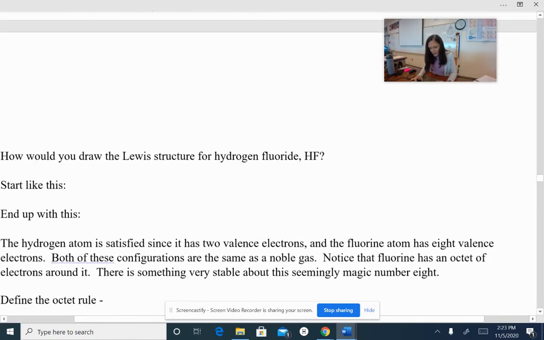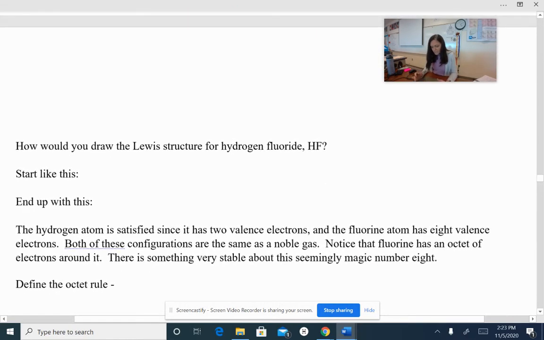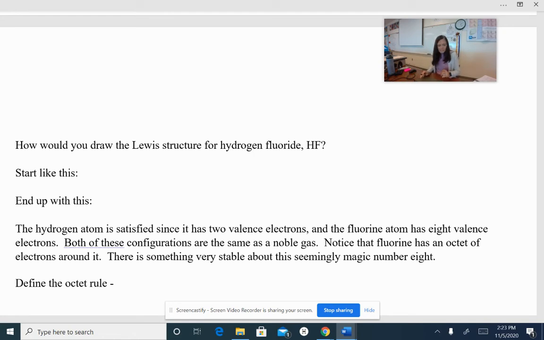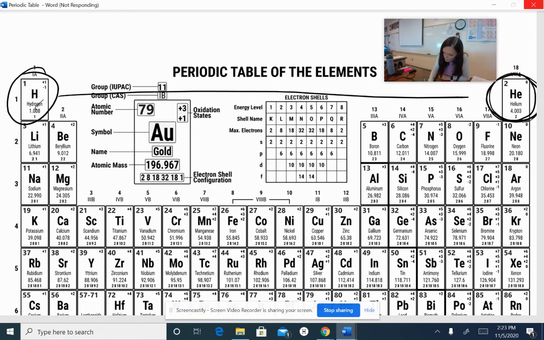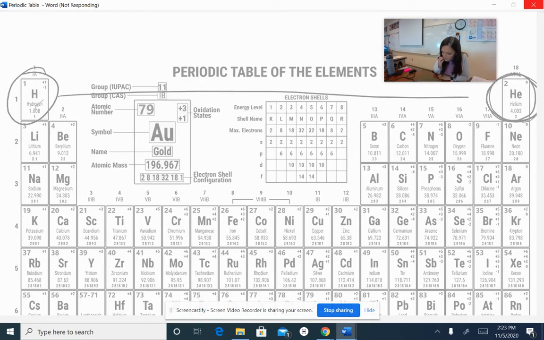All right. How would I draw the Lewis structure for hydrogen fluoride? The first thing that we need to do is start by counting up our valence electrons. So if I look at hydrogen on the periodic table, I have 1 valence electron.